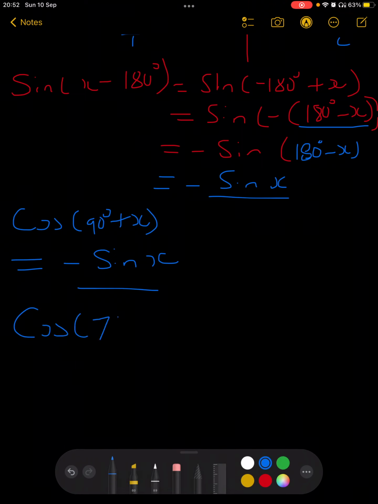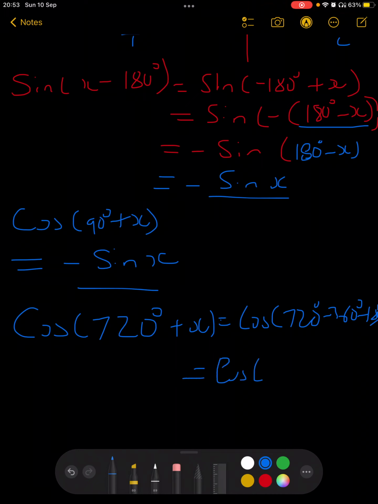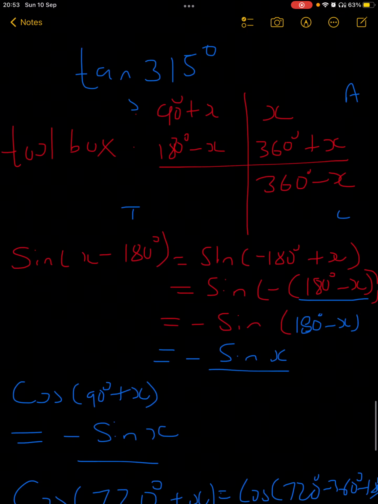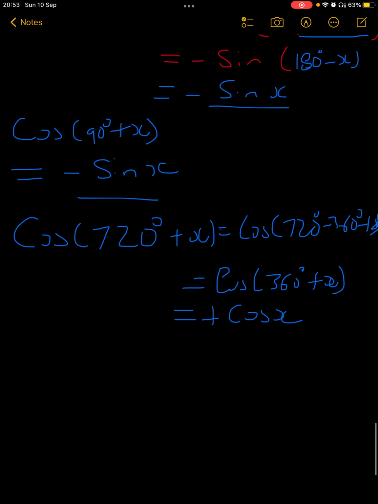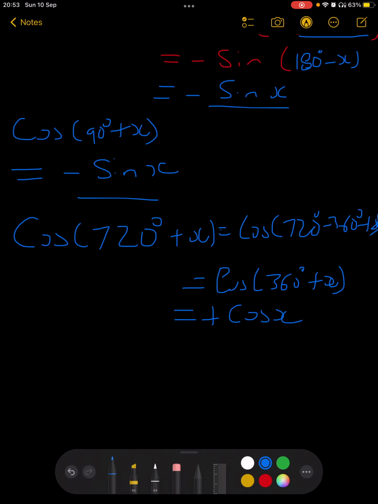We're going to say cos of 720 plus x will be equal to cos of 720 minus 360 plus x, which becomes cos of 360 plus x, and cos of 360 plus x will be a positive cos x. Next up is just the cos.